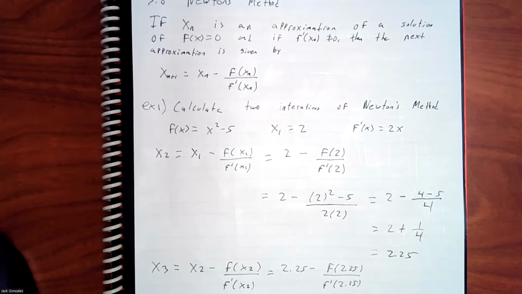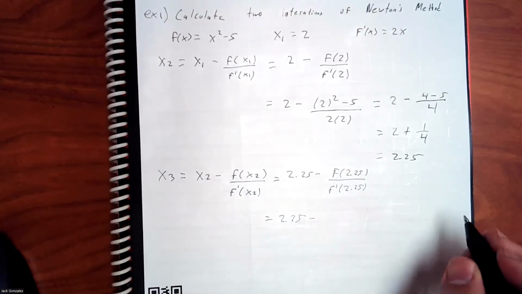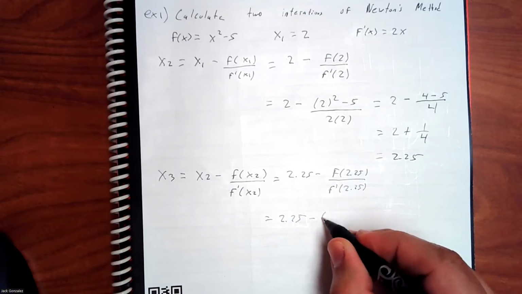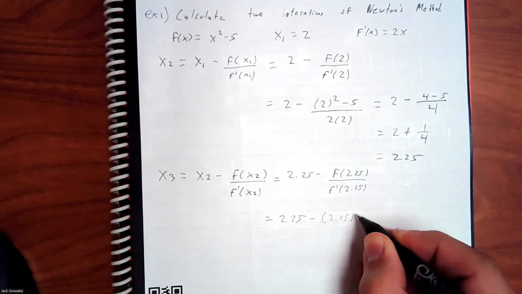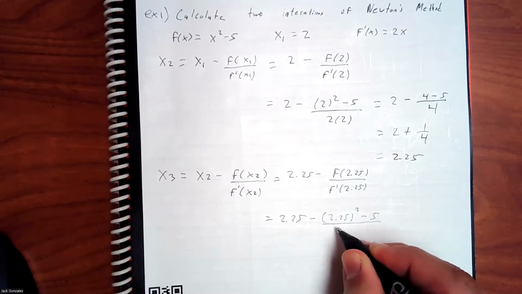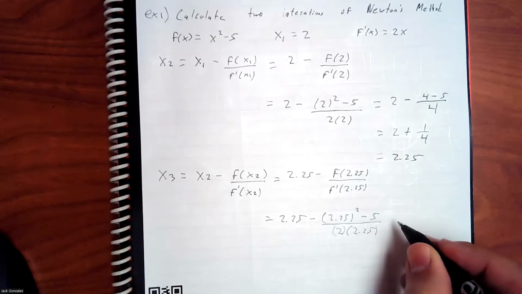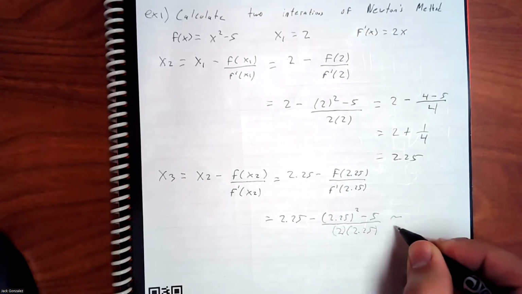So 2.25 minus 2.25 squared minus 5 over 2 times 2.25. At this point, it's time for some calculator. What is that going to be?